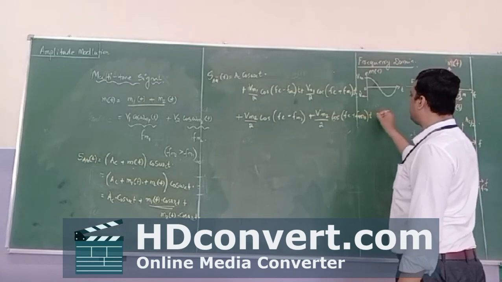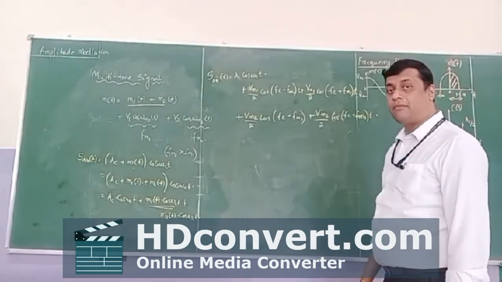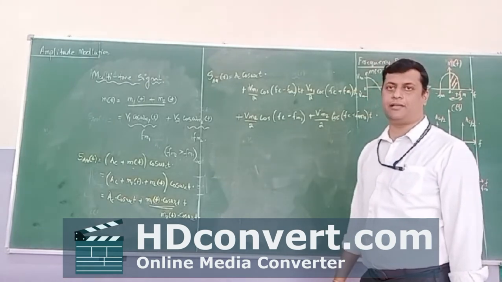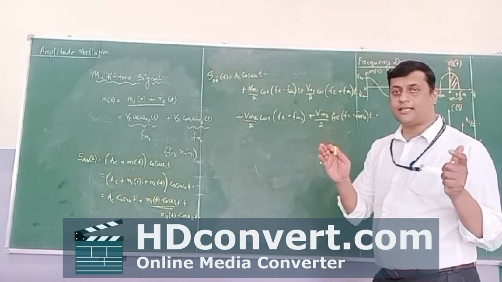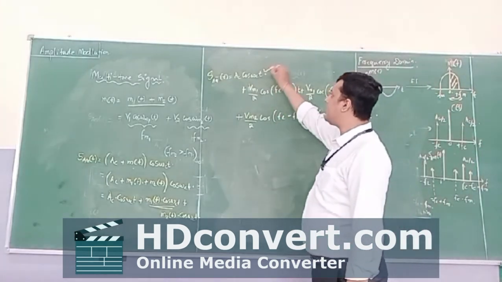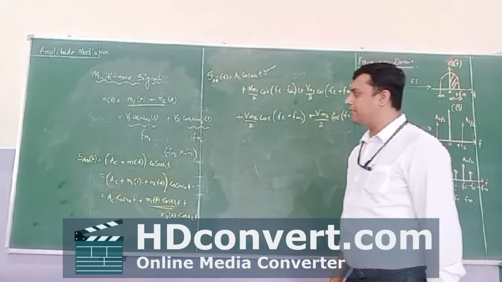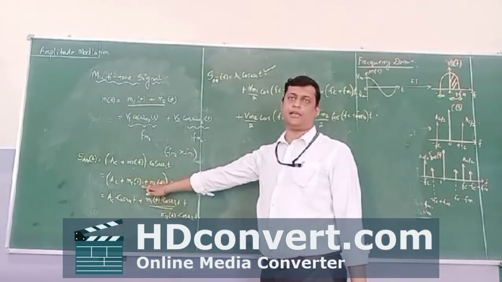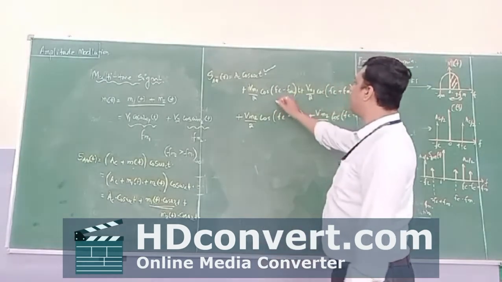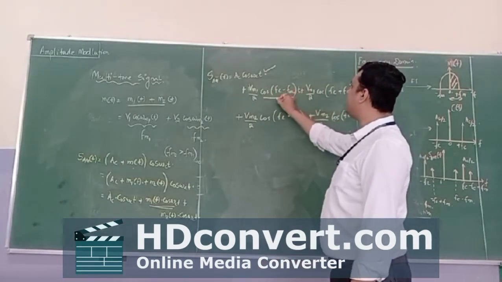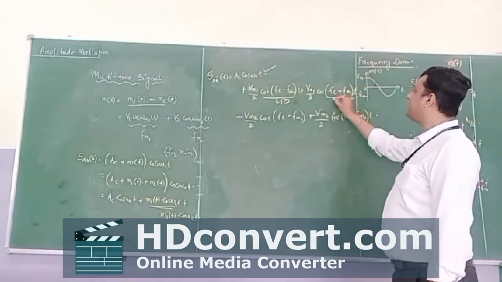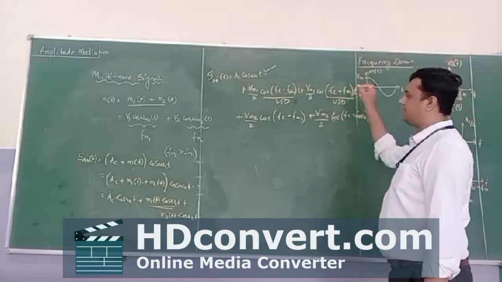So when it is a multitone, that means more than one modulating signal is available, how many frequency components are available? First, the carrier, two sidebands for m1 of t and two sidebands for m2 of t. For m1 of t, this is the LSB and this is the USB.